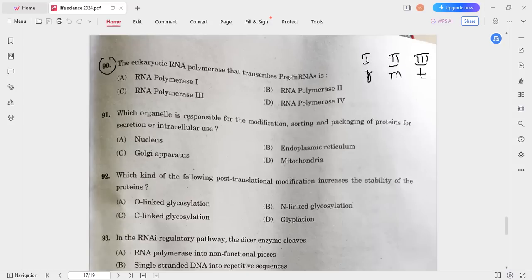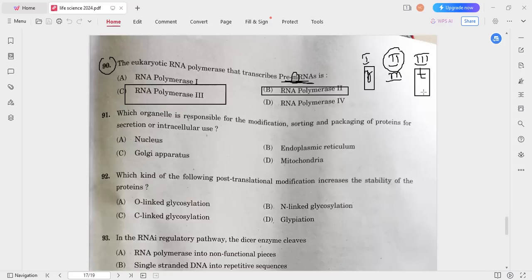The pre-mRNA is transcribed by RNA polymerase 2, where M falls under RNA polymerase 2. So option B, RNA polymerase 2, is the correct answer. RNA polymerase 1 is for rRNA synthesis and RNA polymerase 3 is for tRNA synthesis. So for this question, option B, RNA polymerase 2, is the correct answer.